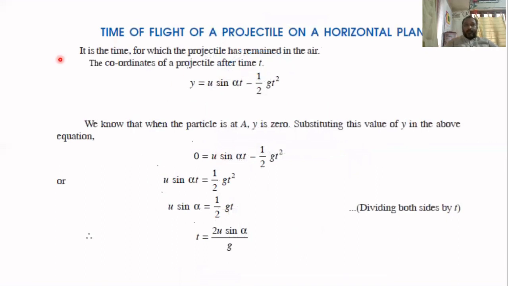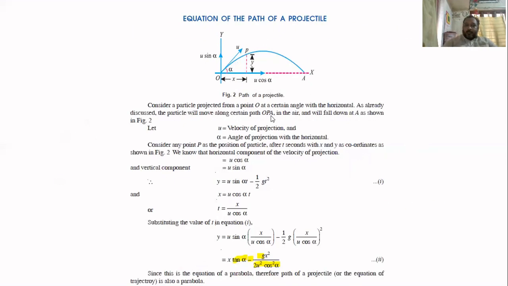For the time of flight, you know that y is equal to u sin alpha t minus half g t square, and when the particle is at this point A, the y coordinate is 0.